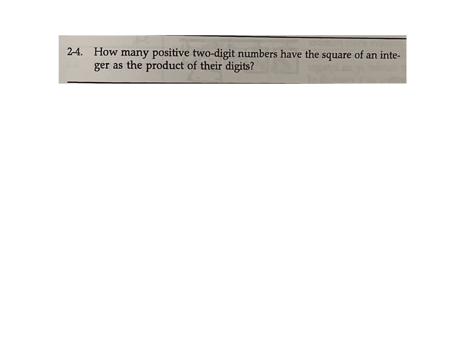How many positive 2-digit numbers have the square of an integer as the product of their digits? So we have an integer, and those are the 2 letters that I'll use to represent the digits. And they're saying that if we took those 2 numbers and multiplied them, it would be some perfect square. So that is basically the question.